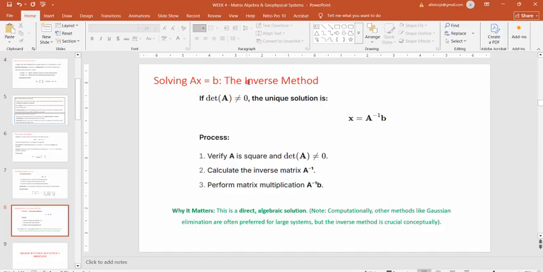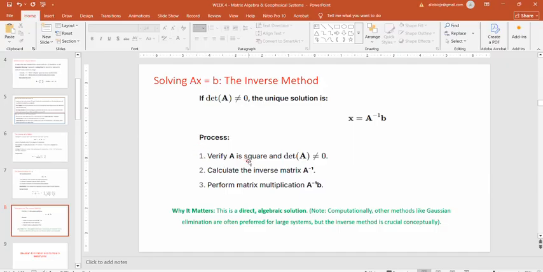So solving this expression by the inverse method: if the determinant of A is not equal to 0, the unique solution is this. All you need to do is find the inverse of A and multiply it by B, and we get the answer for x.